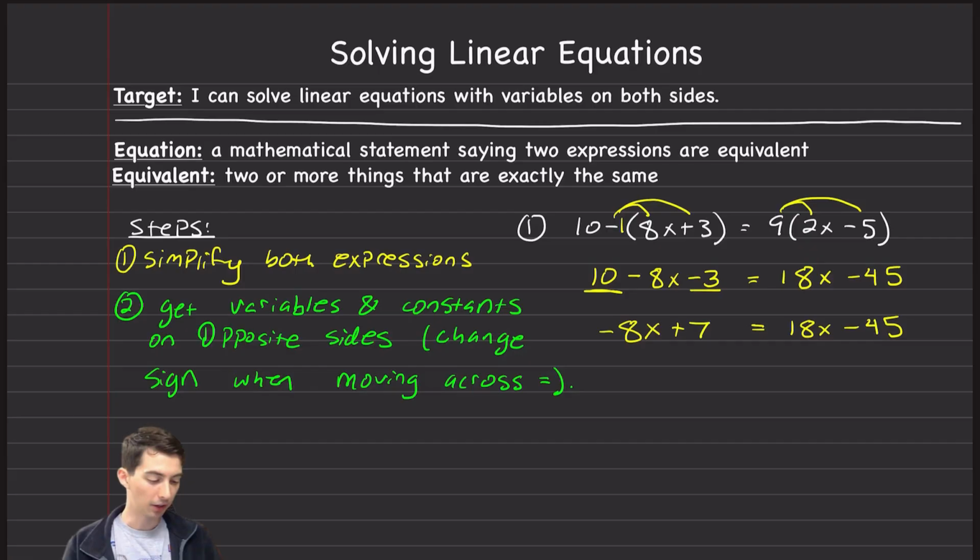So let's do that here. It doesn't matter if you move your 18x or your 8x. It doesn't matter which one we do. Typically, I like to move whichever one is smaller though. So I'm going to move this -8x to the other side.